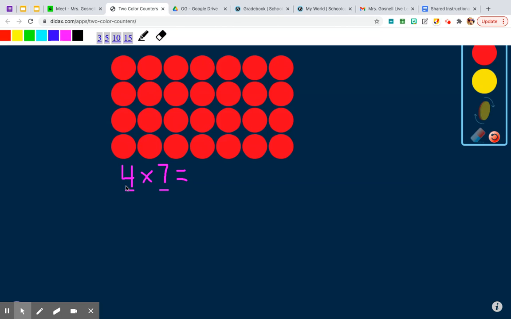Do I want to split 4 or do I want to split 7? Either way would work. Now, a misconception is that you have to split it in a way where there are equal groups on both sides. That is not true. You can split up a factor in any way that is comfortable for you.